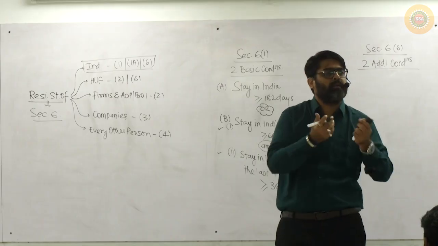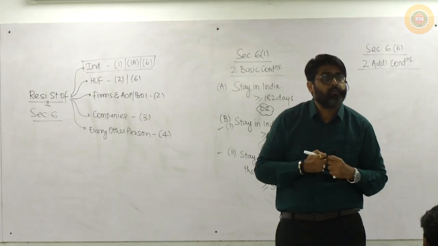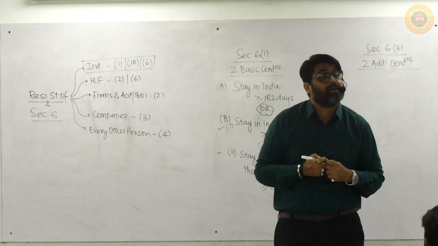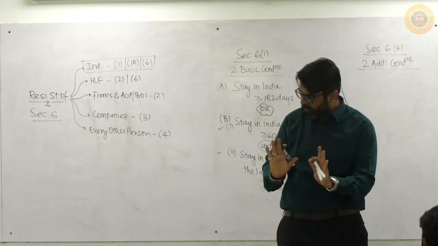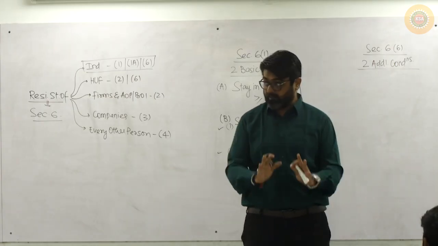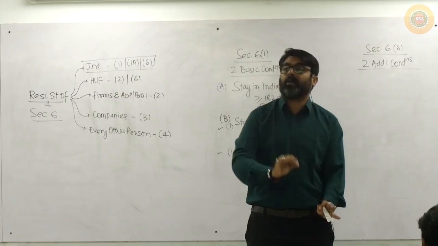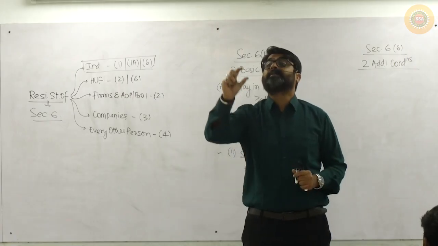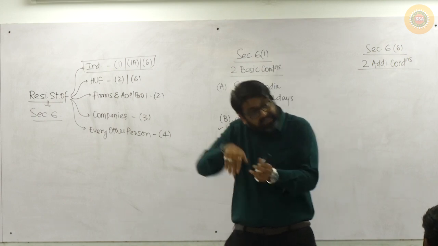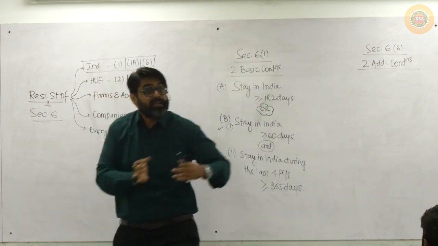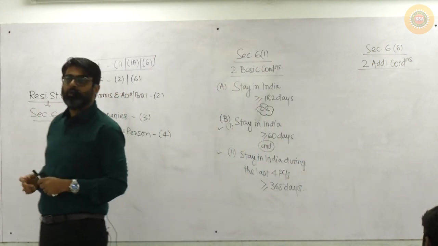So what is our relevant previous year? 24, 25. That is the relevant previous year for us, no? In this previous year, your stay should be 60 days or more, and in the last 4 previous years, which are immediately preceding your previous year.